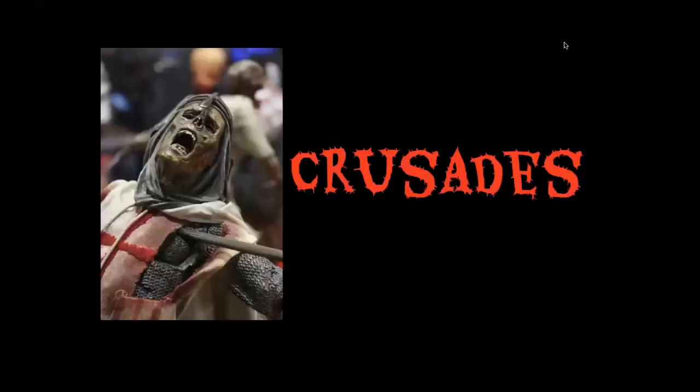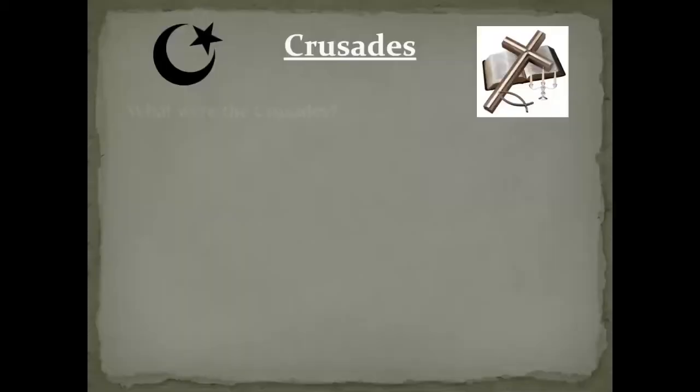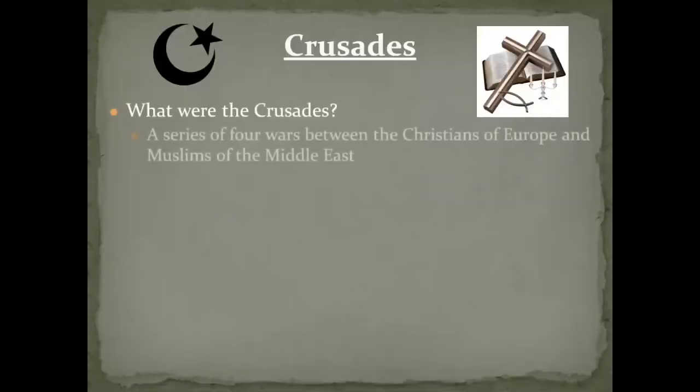So the Crusades are what we also call the Holy Wars. We see here maybe a symbol of a cross. But what were the Crusades? The Crusades were a series of 4 wars between the Christians of Europe and the Muslims of the Middle East.